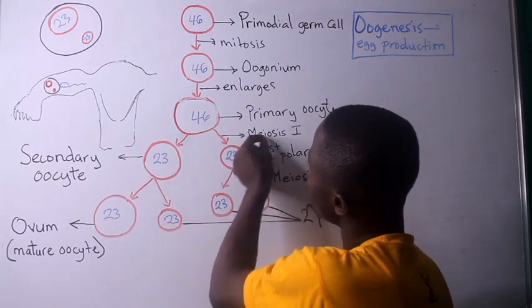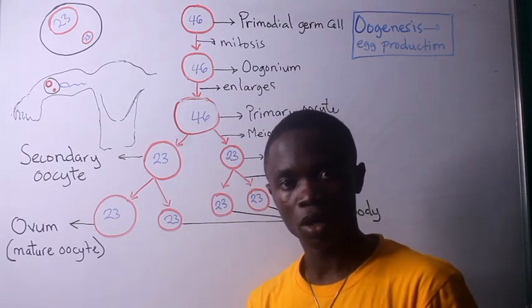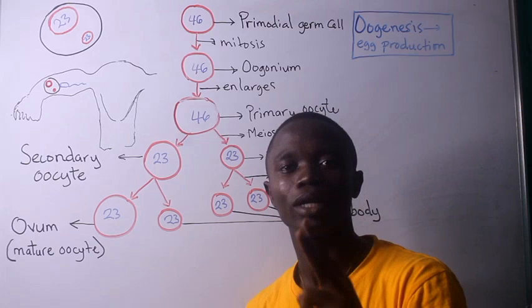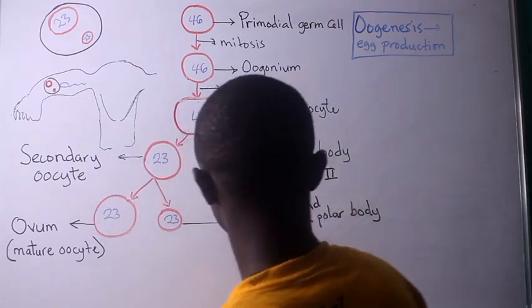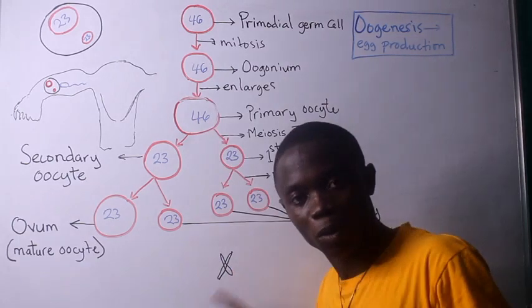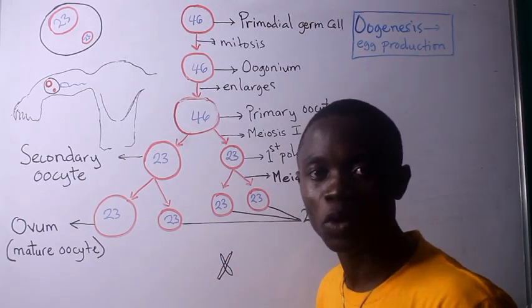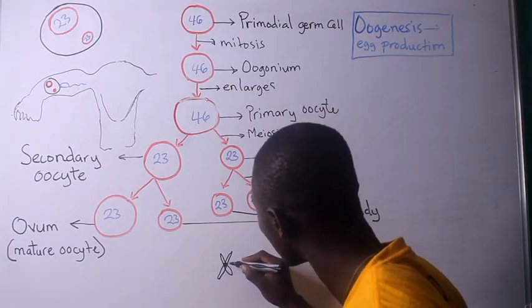After meiosis 1, you produce two daughter cells that have 23 chromosomes. But the thing is, the 23 chromosomes are double-stranded. It appears like this. This is a single chromosome, but it has two sister chromatids. You can know a chromosome by the number of centromeres. This particular chromosome has one centromere.